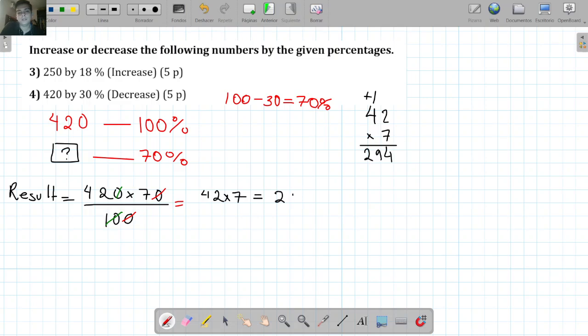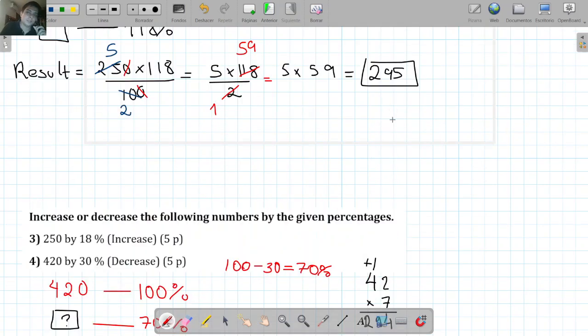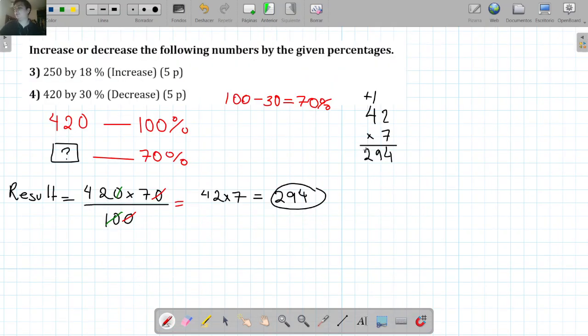So we have 294 as the result. It's very funny because this is 295, this is 294. It's just one number of difference.